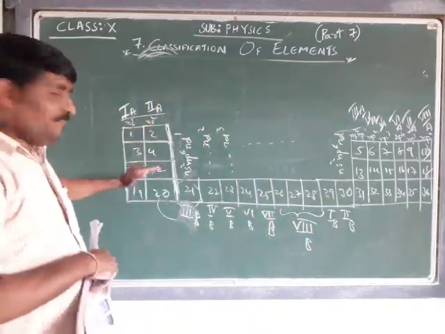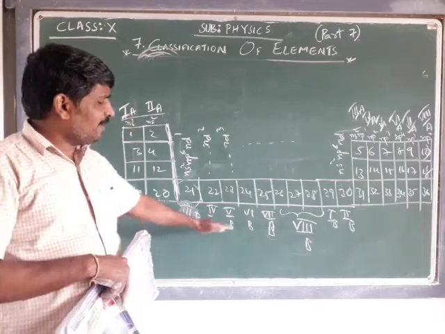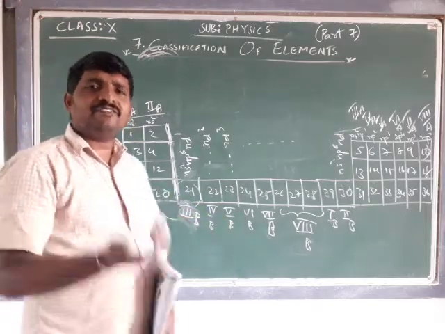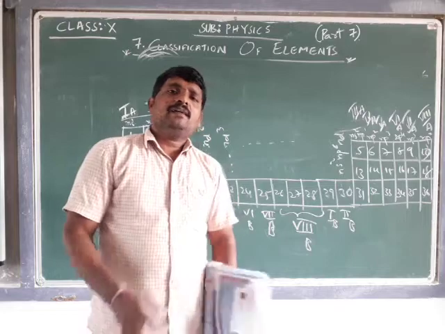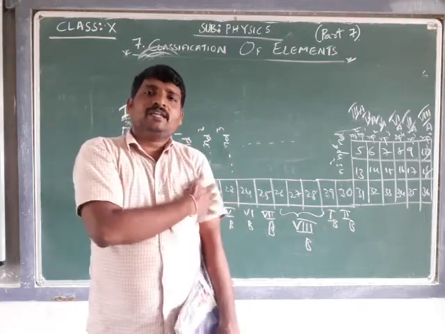Is it not a confusion? 1A, 2A, 3B, 4B. Isn't it? It is a confusion. Okay. This was the initial arrangement.